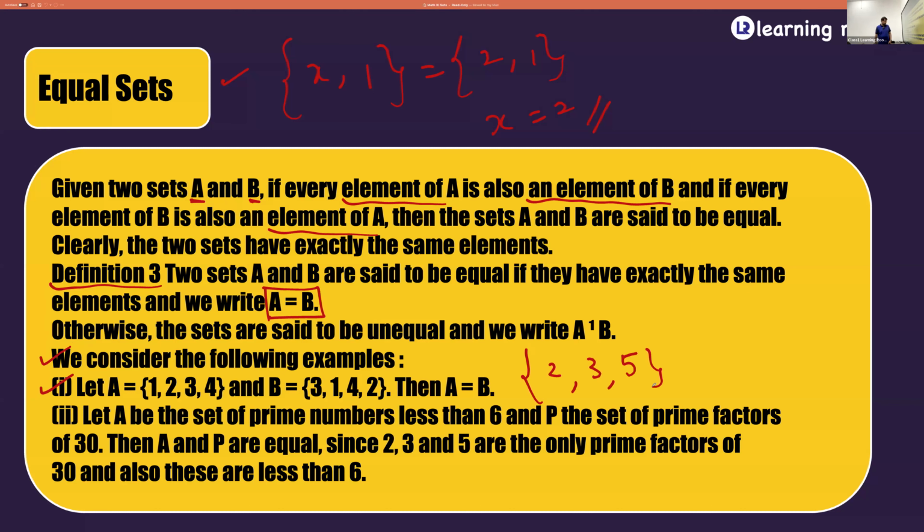What about P? The set of prime factors of 30: 2, 3, 5. So are they both equal? Yes, they are.